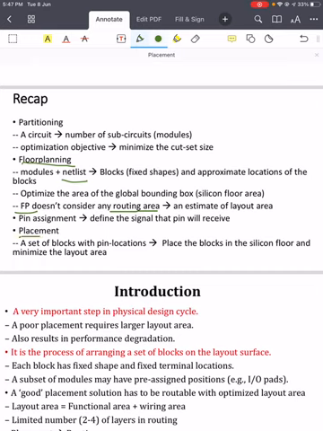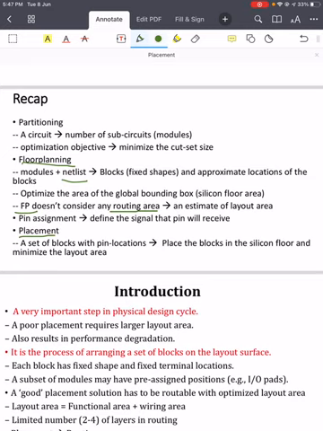Now we have the placement. Now we're going to discuss placement. Placement means having a set of blocks with predefined pin locations, and your task is to place those blocks into the silicon floor area such that the total layout area is minimized while ensuring routability.